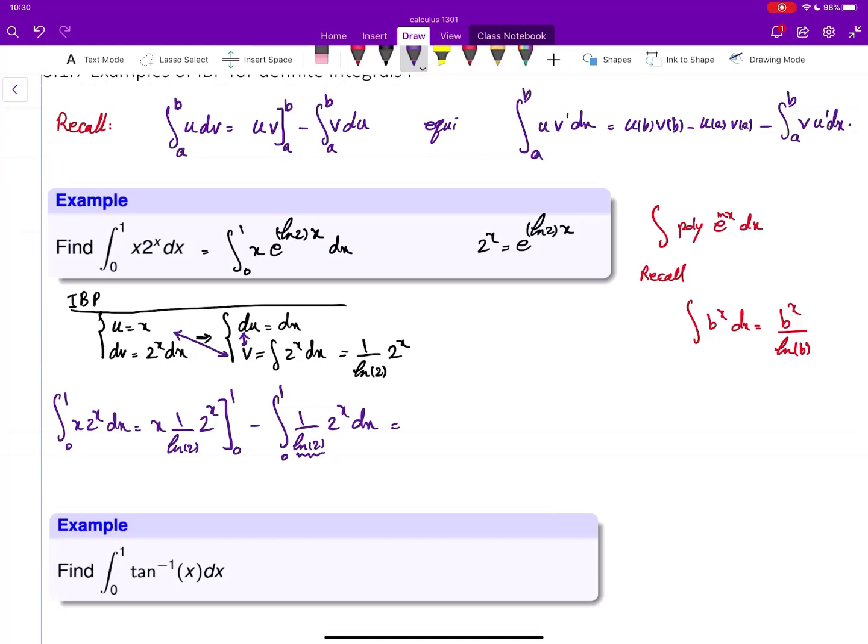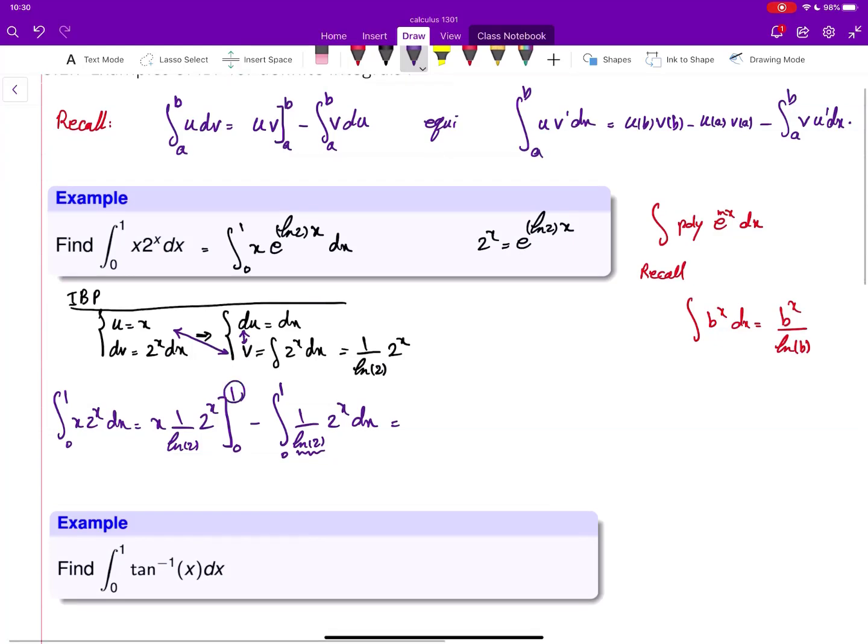Okay, let me evaluate the first one, which means evaluating the function at the upper limit. This will be 1 times 1 over ln 2 times 2 to the power 1, minus the lower limit: 0 times 2 to the power 0 over ln 2. So that is the first part.